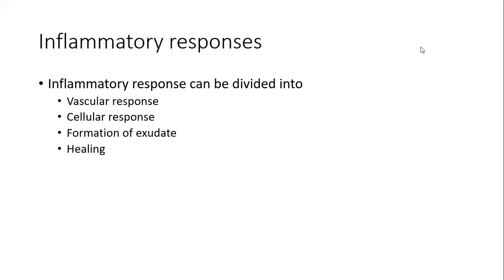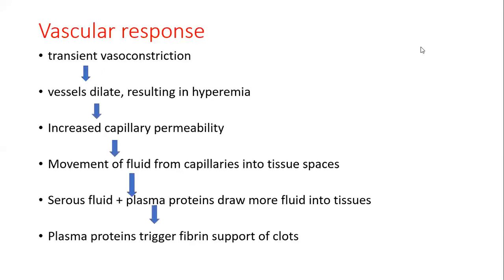All right. So back to sort of the inflammatory response in general, you can divide the inflammatory response into the vascular response and the cellular response. Then, as a consequence, there's a formation of exudate and ultimately healing. So this is what the vascular response looks like. You get transient vasoconstriction.